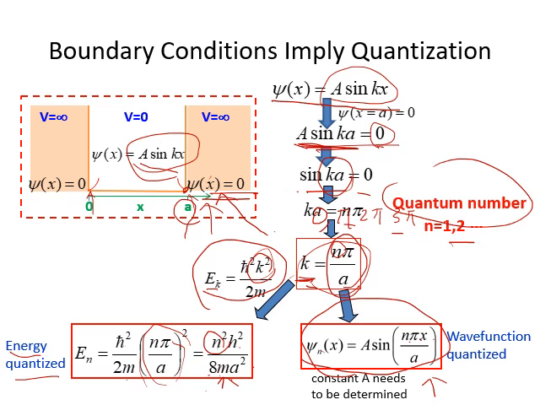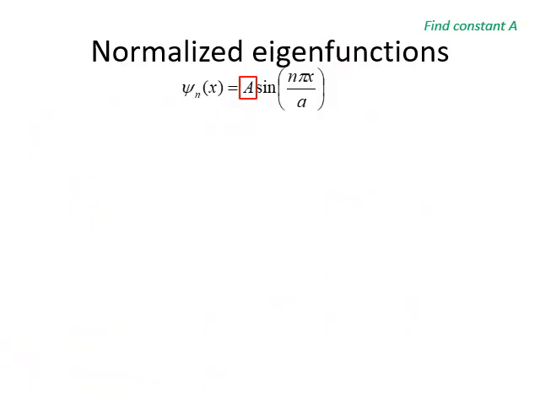These are the solutions, the final solution when we apply two boundary conditions. This is the wave function for the particle in a box. In this equation, a is the length of the box, x is the location of the particle, and n is a quantum number, can be 1, 2, 3, 4, 5, any integer.